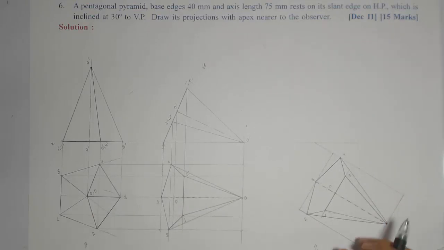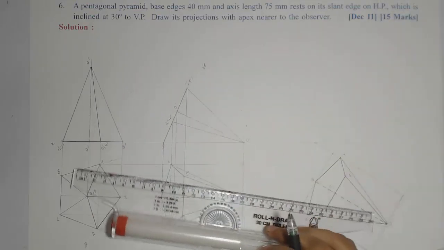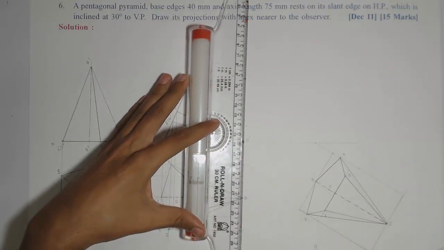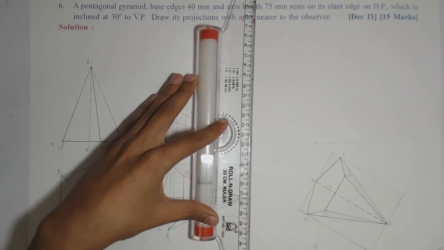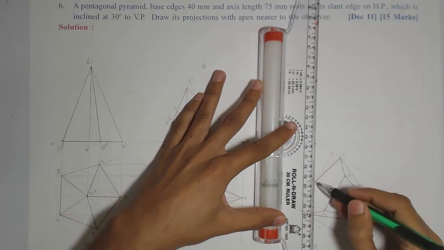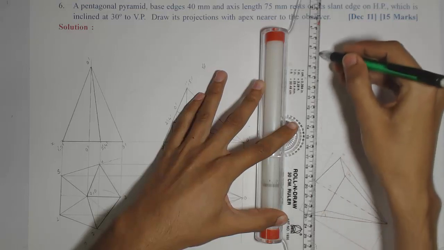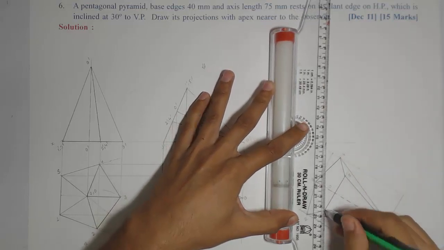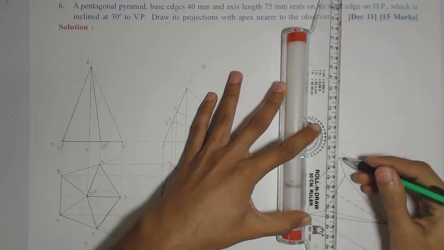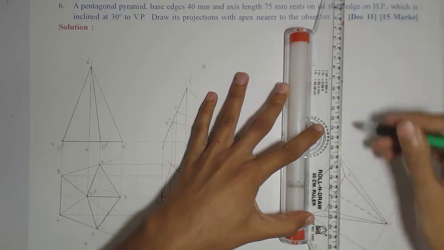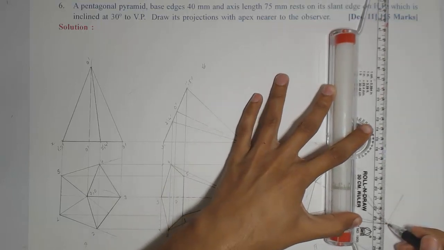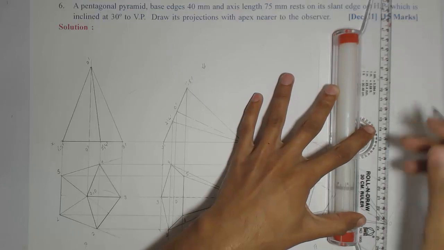Now we will finish the final front view by projecting vertically and then horizontally. So we'll project from each corner: 2, 3, then 1, then O, center of the base, 4, then 5, then again O, which is the apex.